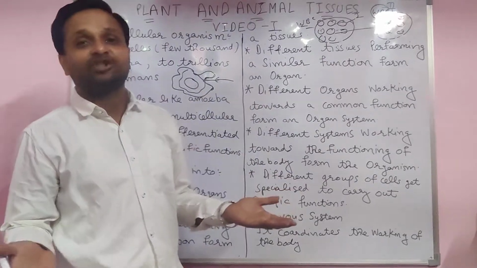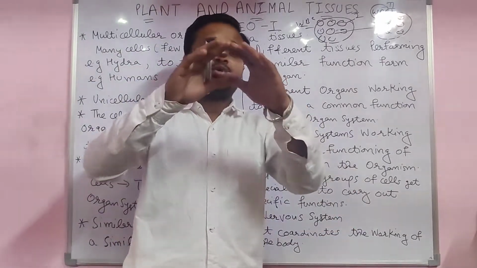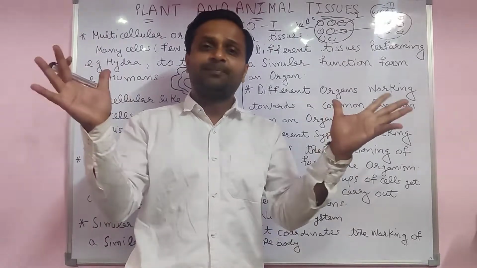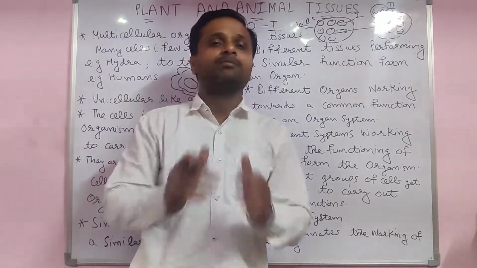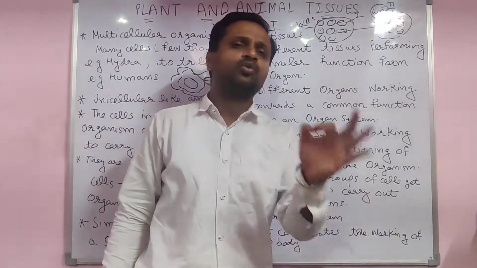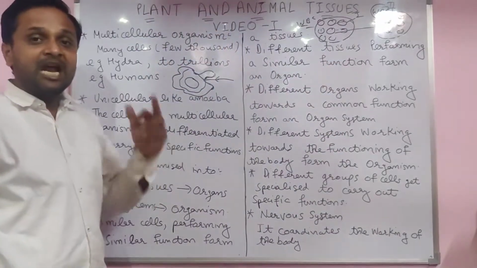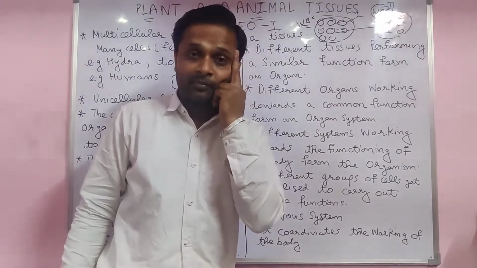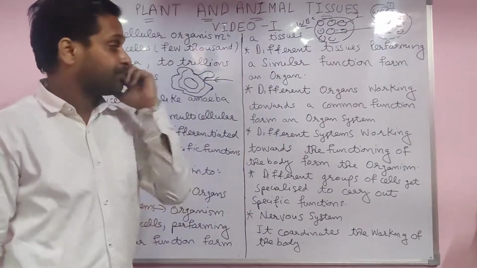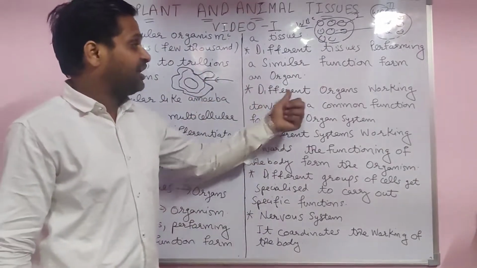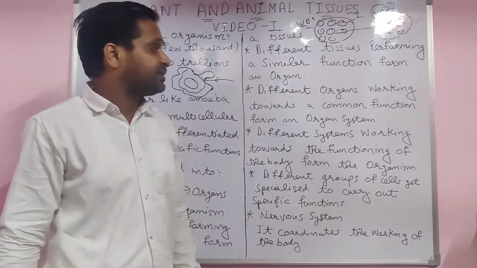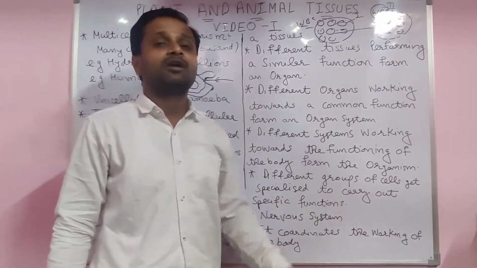Same in the circulatory system also. In the circulatory system also, different organs perform the same function only. They form an organ system like the circulatory system, digestive system, nervous system. Different organs working toward the common function form an organ system.